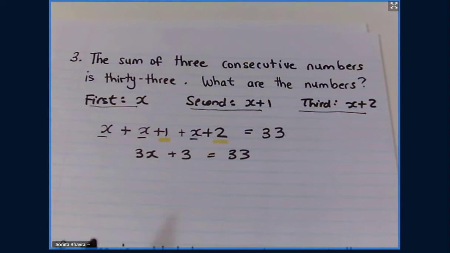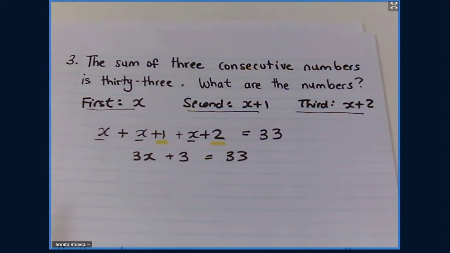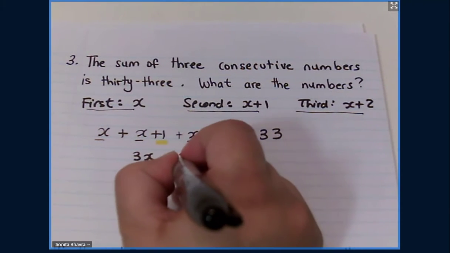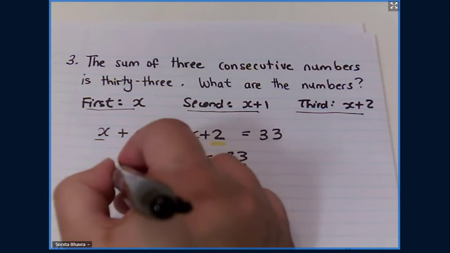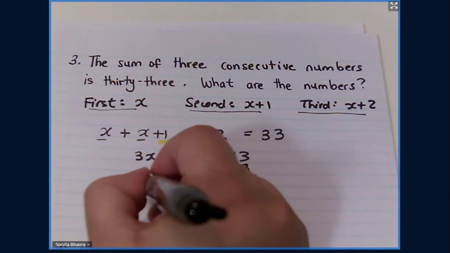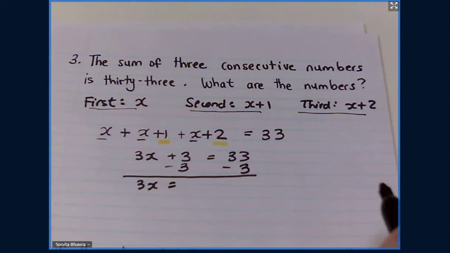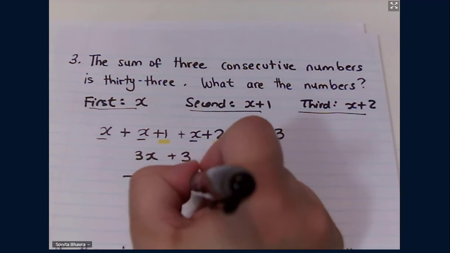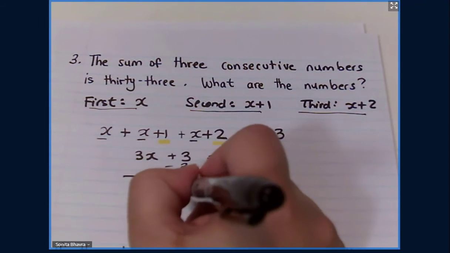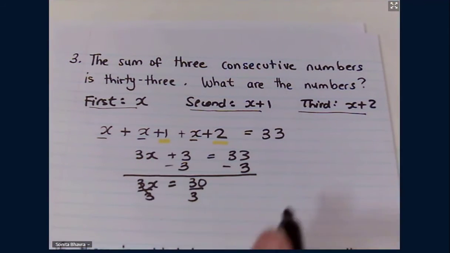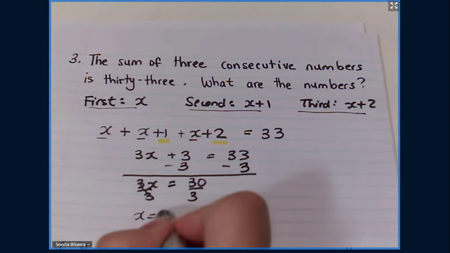Now I can go ahead and solve for x. The first thing I'll do is subtract 3 on both sides. That gives me 3x is equal to 30. Then divide by 3 on both sides, and that gives me x is equal to 10.